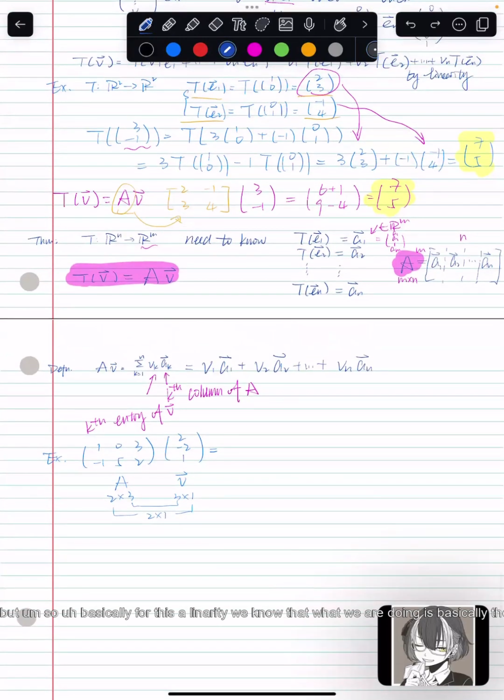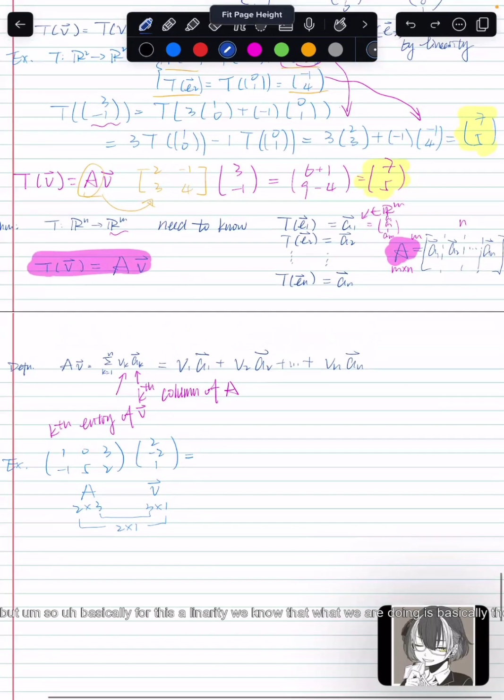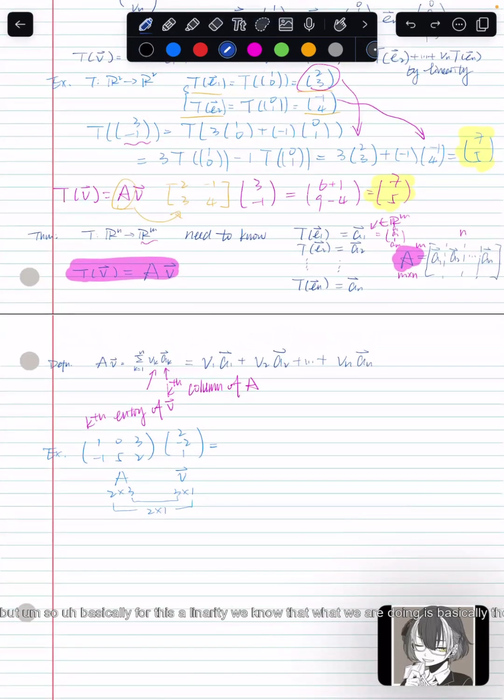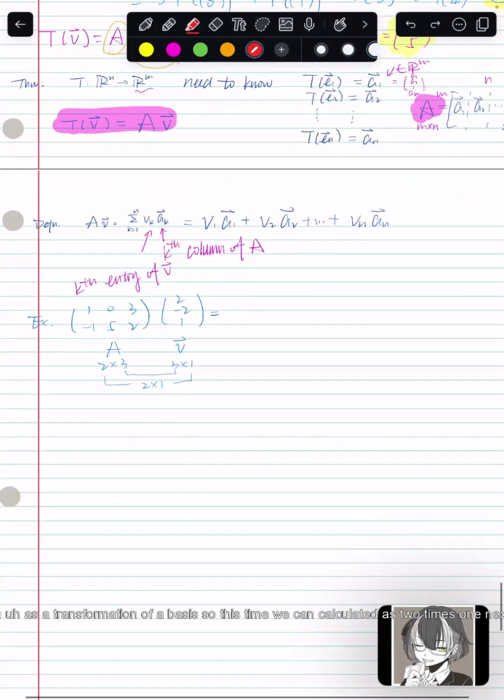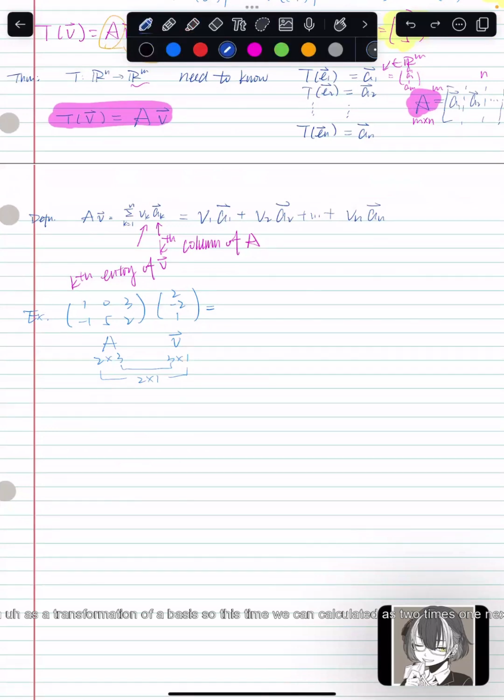But basically for this linearity, what we're doing is the first value in V times the first column in A, and then the second value in V times the second column in A. So if you think of it as a transformation of a basis, this time we can calculate it as 2 times (1, 0) minus 2 times (0, 2) plus 1 times (3, 0).